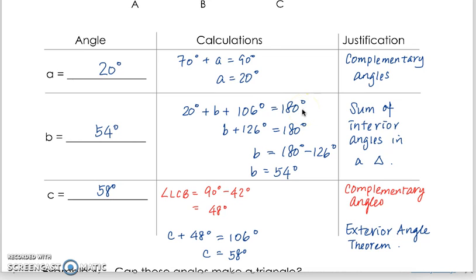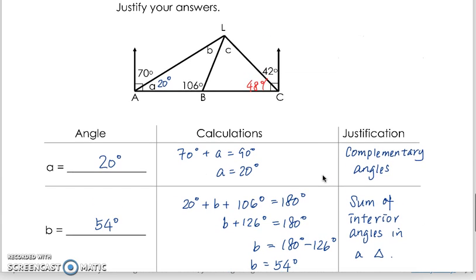So I know that B plus 126 degrees is 180 degrees. So I can subtract 126 from 180 to find the size of angle B, which is 54 degrees. So label 54 degrees on your diagram if you want to.